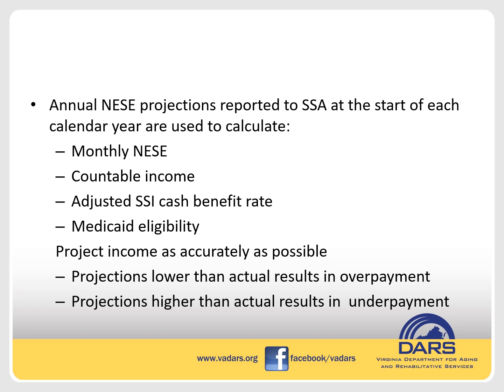Also, make sure the client files their taxes every year, and they can use both the monthly profit and loss statements and tax returns at the end of the year, report those to the Social Security Administration, and then Social Security from there, using that information from the tax return and the client's records, can calculate whether or not the client is actually overpaid and underpaid in SSI for that year, and they can kind of recalculate what the client was paid in SSI based on those records.